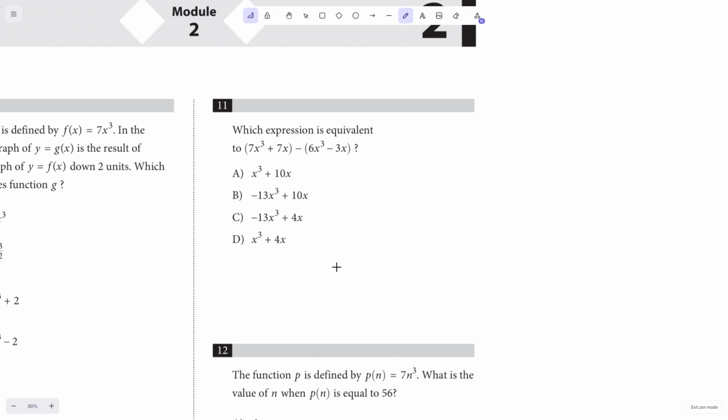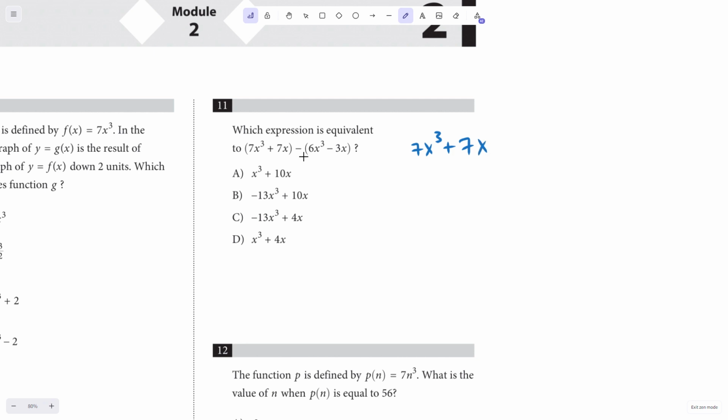Alright, next up, the 11th problem. Which expression is equivalent to 7x cubed plus 7x minus 6x cubed minus 3x? Alright, so for the first parentheses, we can write it normally. So we have 7x cubed plus 7x.